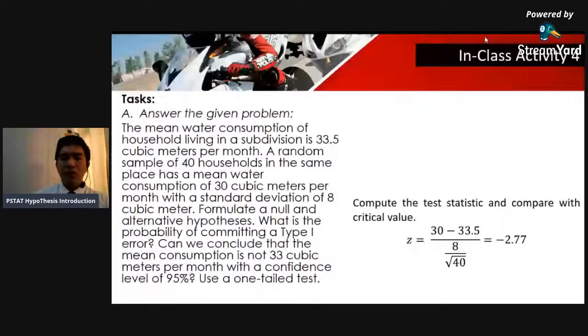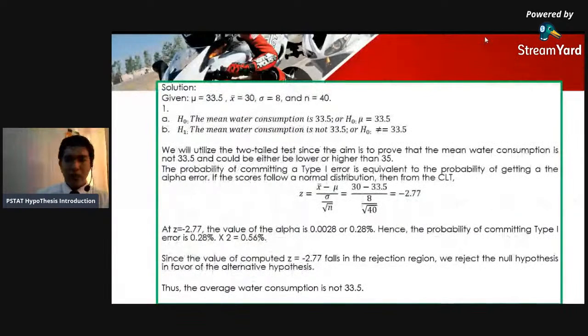Use a one-tailed test. Sorry for the typographical error. As you can see here, we reject the null hypothesis because our computed z-value is negative 2.77.